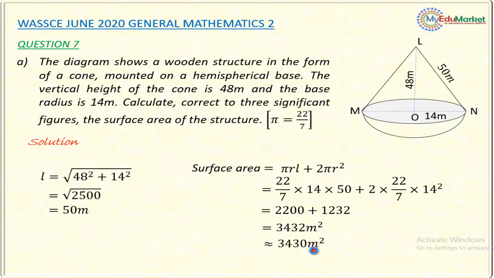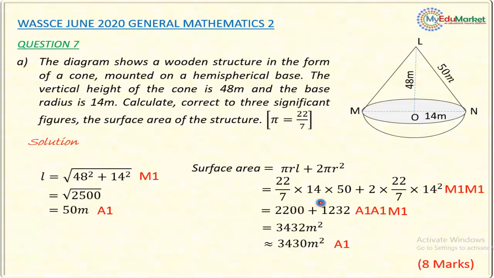So let us see the mark distribution according to the official WAEC marking scheme for this very question. I will now check the mark distribution. And this is the mark distribution. The first mark is the method mark, the M1 mark, for using Pythagoras to obtain the slant height of the cone. For getting the slant height exactly equal to 50 meters, you have the A1 mark.